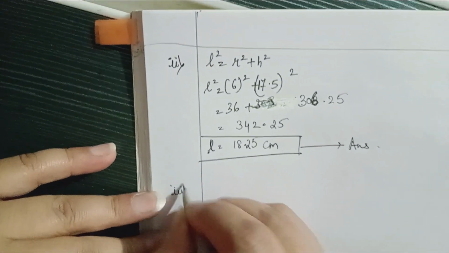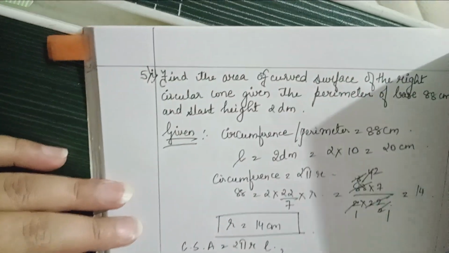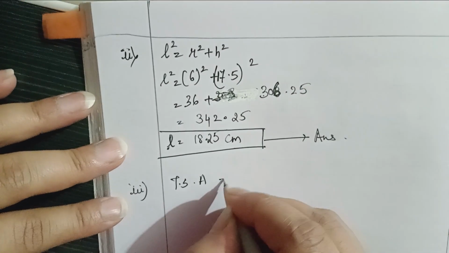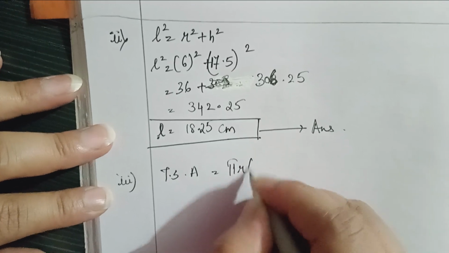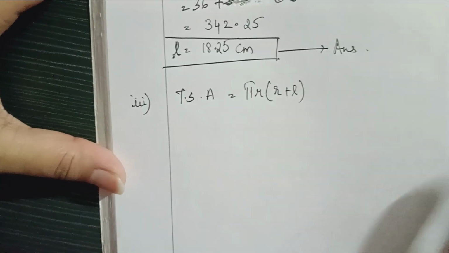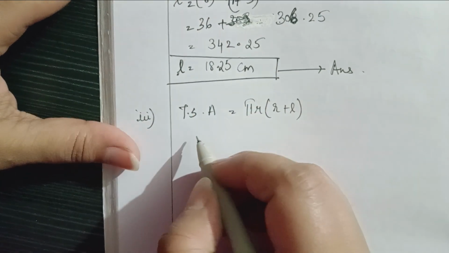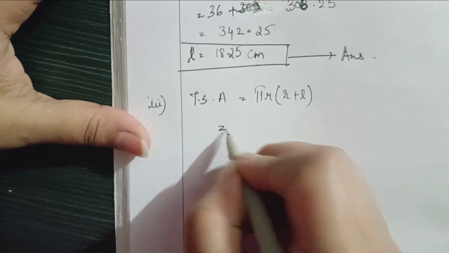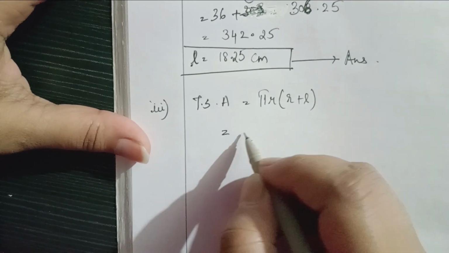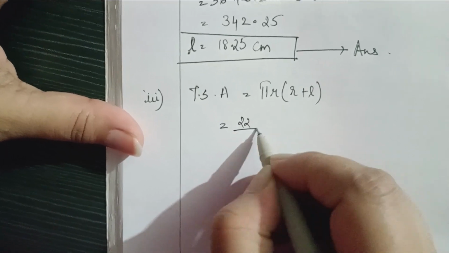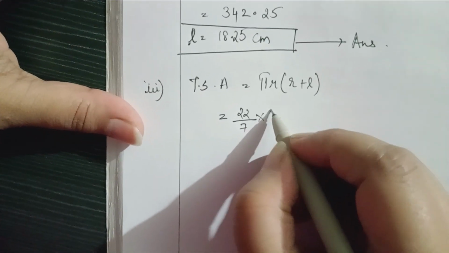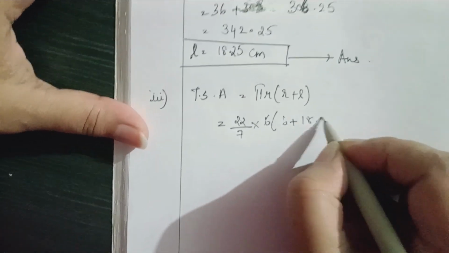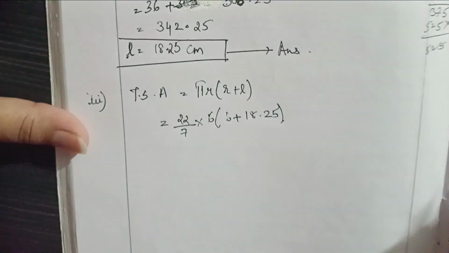With this, they have asked you, third is the total surface area. Total surface area is equal to pi r times r plus L. TSA, the total surface area we are supposed to find, is going to be pi r (r plus L), which is 22/7 into r, which is 6, plus 18.25.